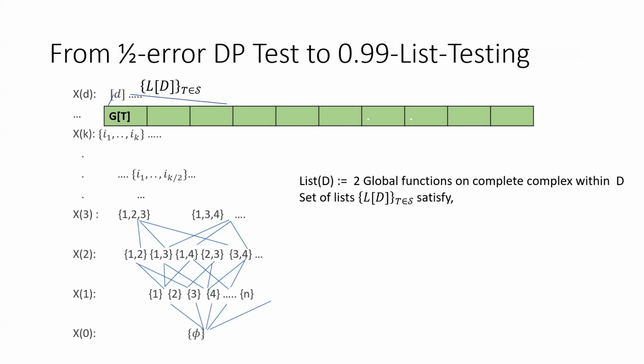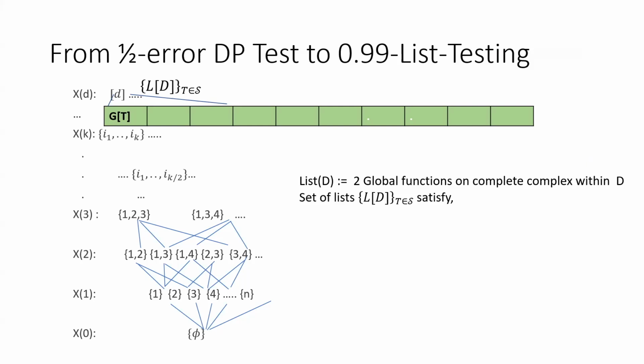So you can list decode and get 2 global functions on every D set. Because the test passes with probability half, there can be 2 global functions, where one agrees on half the fraction of the universe and another agrees on the other half. So you don't know which is going to be your final global function. So we'll just pick both of them in our list.